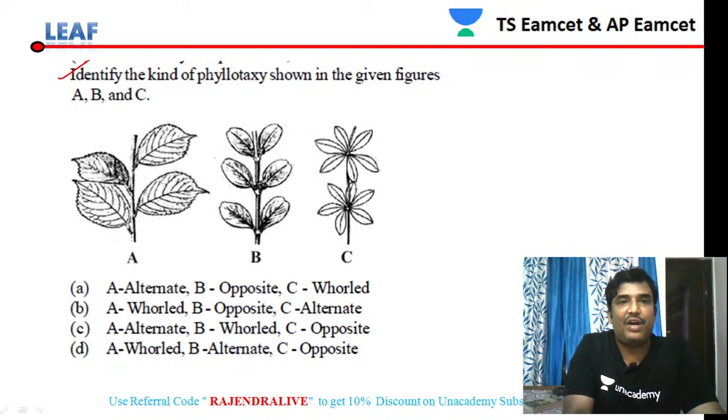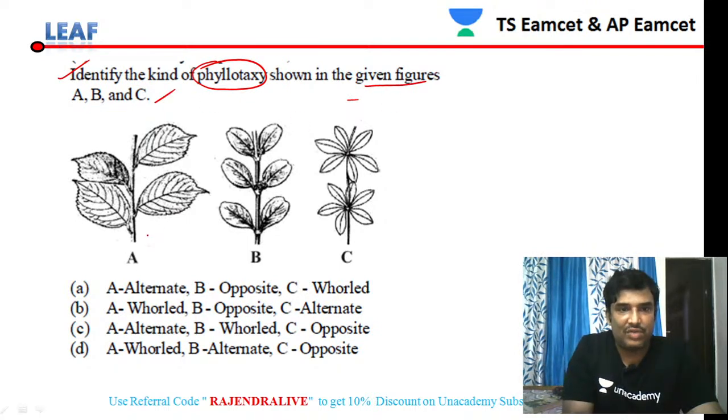Identify the kind of phyllotaxy shown in the given figure A, B, C. Here at each node one leaf is present and the leaves are arranged alternately, so certainly this is alternate phyllotaxy.